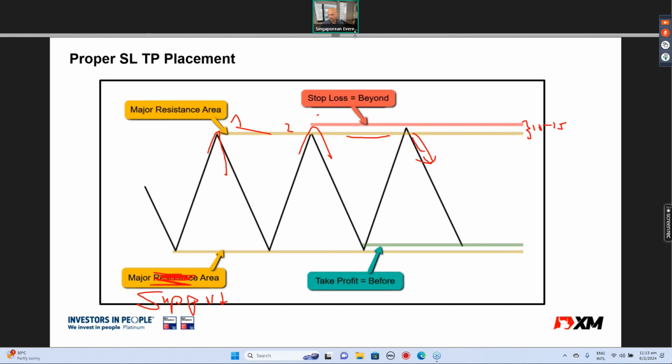So should price reverse and come back to the resistance point, sometimes price can go slightly above, but because we have this buffer of 10 to 15 pips, it gives us sufficient allowance to ride through a little bit of market volatility. And should price then reverse and continue to drop lower, at least we are still in the trade, and we may achieve a profitable trade.